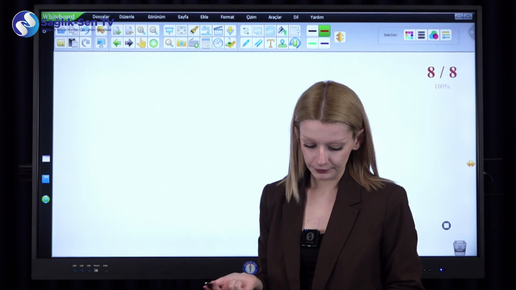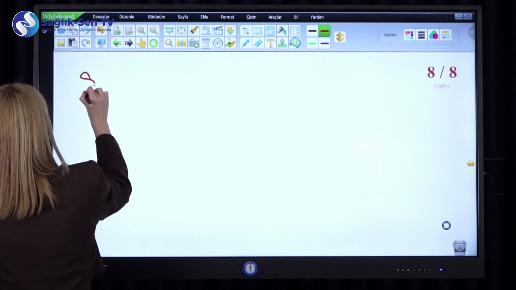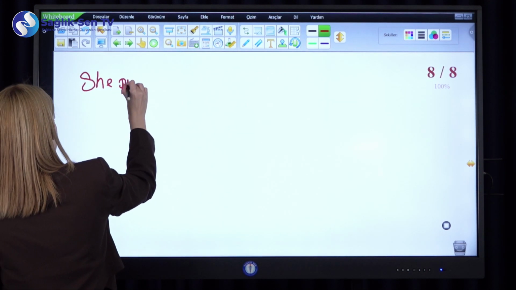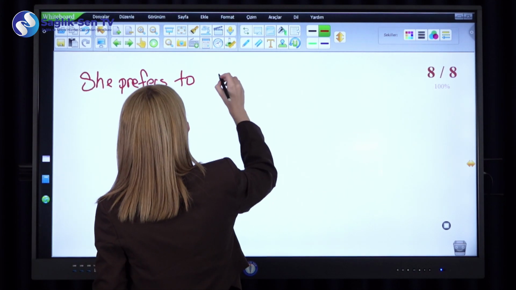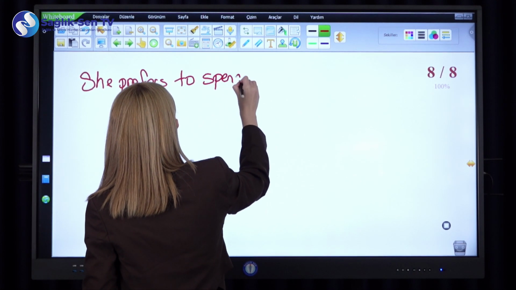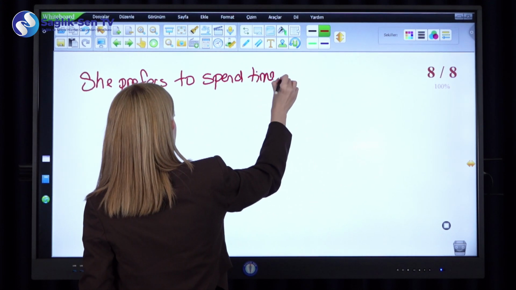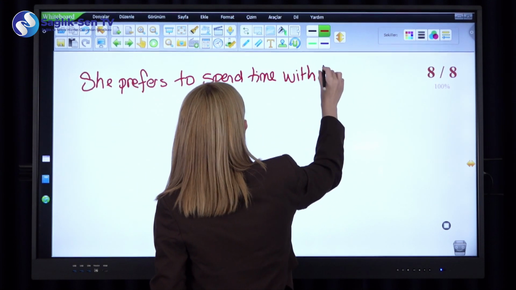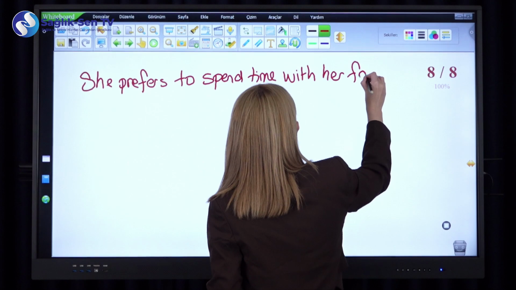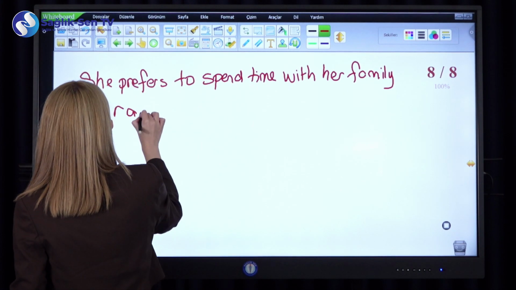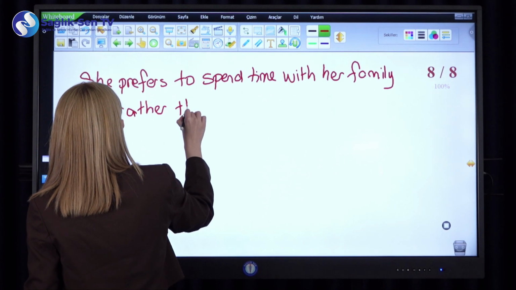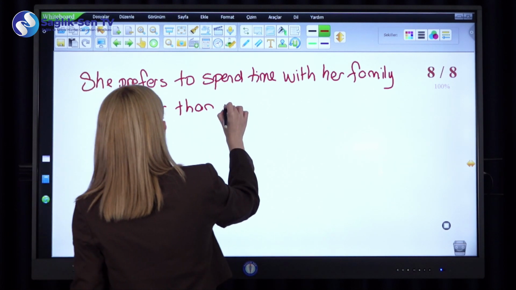For example, she prefers to spend time with her family rather than work.